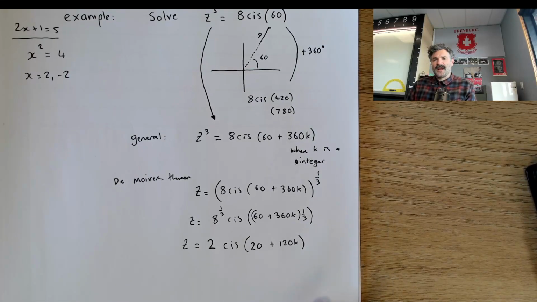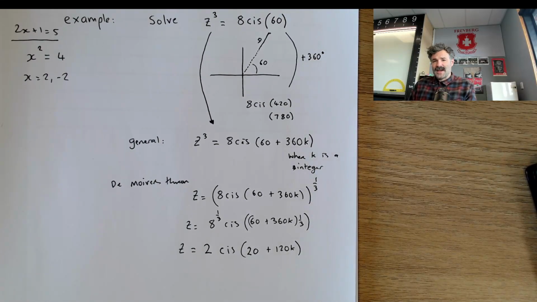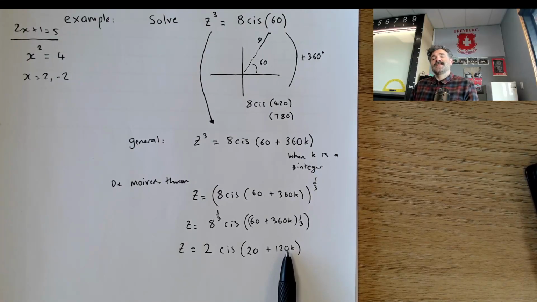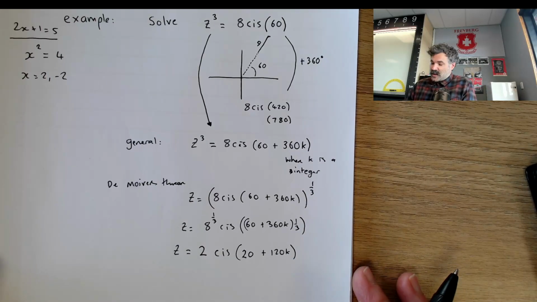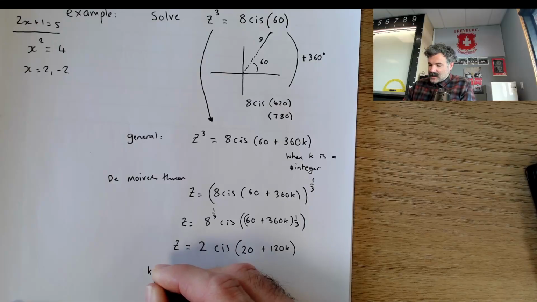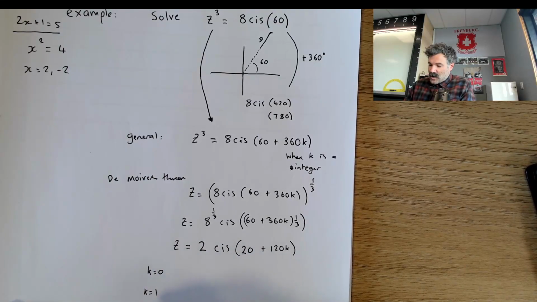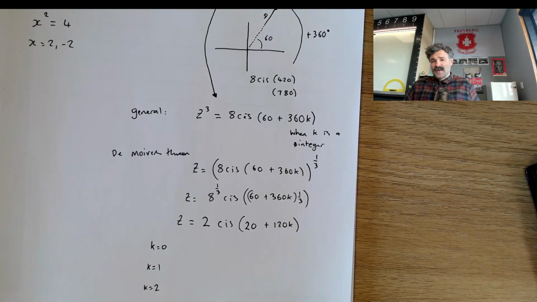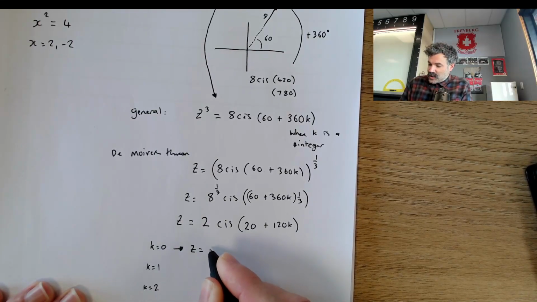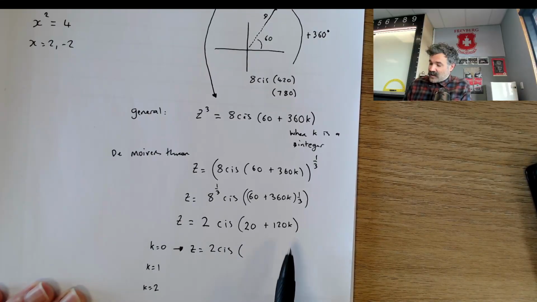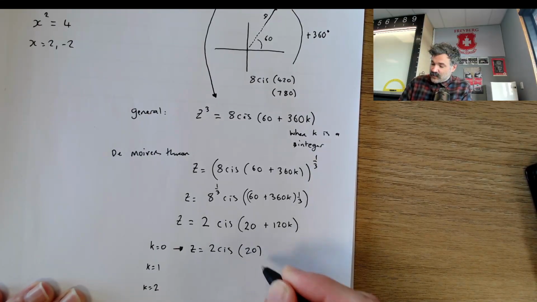As we said earlier, I was expecting to get 3 answers to that, and this is where this k becomes useful. We're going to put 3 consecutive values for k. Ideally, or the easiest way to do that would be to pick k is equal to 0, k is equal to 1, k is equal to 2. But as long as you pick 3 consecutive values for k, you will get 3 correct solutions. So when k equals 0, I put that into this equation, I get 2 cis. If k is 0, I just have 20.